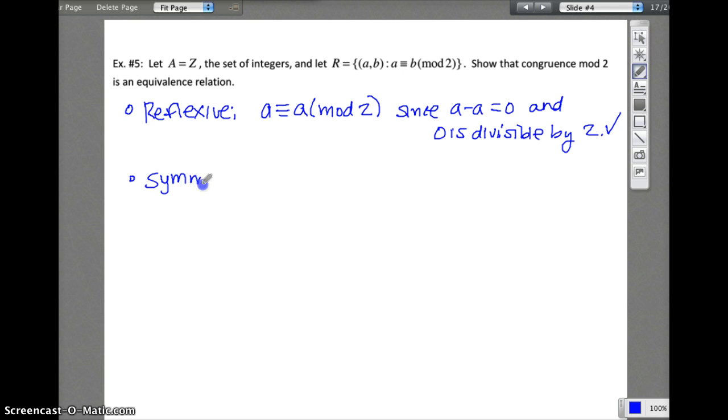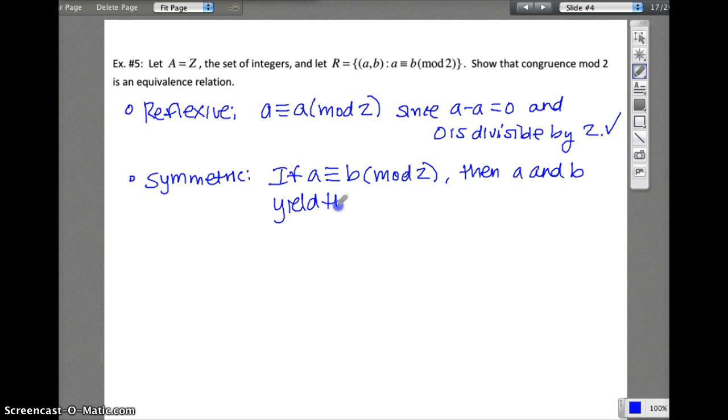So is it symmetric? Well, let's think about this. If a is congruent to b, mod 2, then a way of thinking about this is that then a and b yield the same remainder when divided by 2.